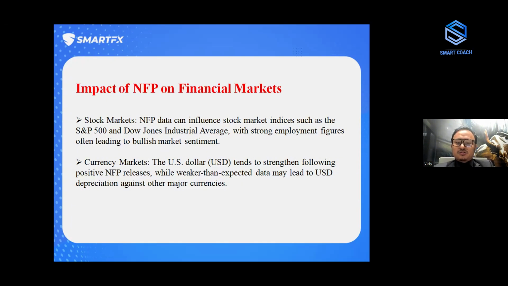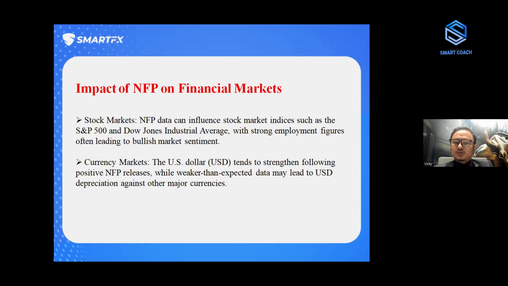And let's talk about the currency markets. The US dollar, USD, tends to strengthen following positive NFP releases, while weaker than expected data may lead to USD depreciation against other major currencies. So we spoke about the stock market, now forex, and it's the same thing.